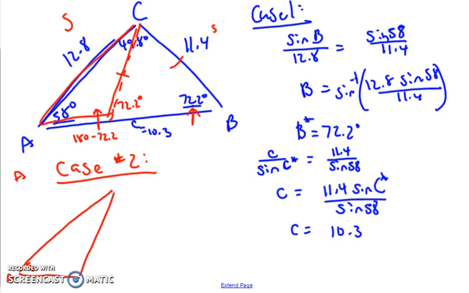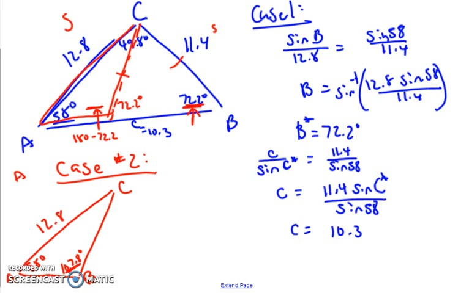So angle A is 58 degrees, side B 12.8, angle C, and this is, if I do 180 minus that stored angle B, this supplement, this angle is approximately 107.8 degrees. So I'm going to store that number. I'm going to replace this angle B with this new angle B right there.